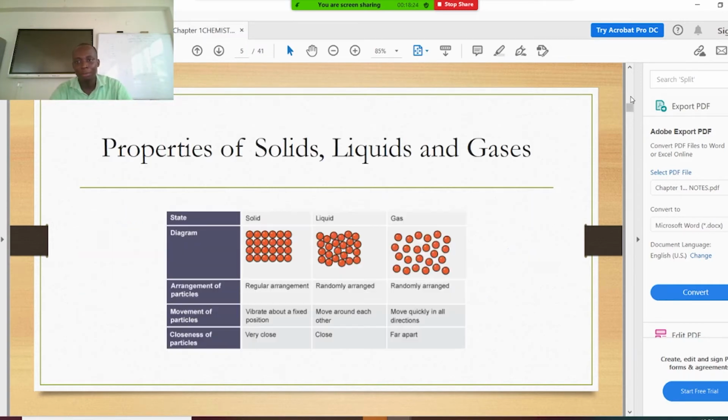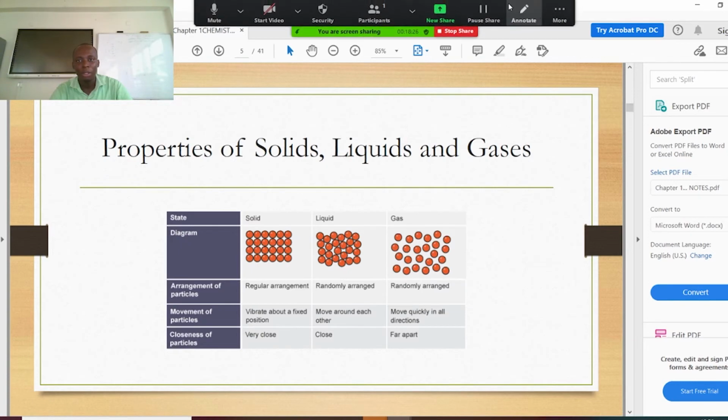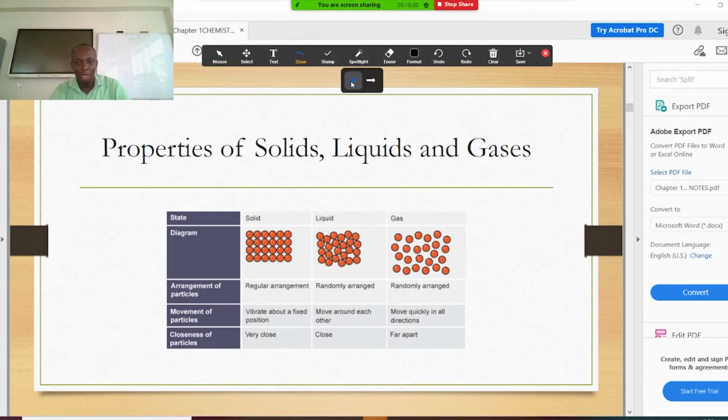Let's go back. Now, look at the diagram, look at the structure closely. Look at the particles in the gaseous state. Now, they are far apart. In other words, these particles have more kinetic energy than the liquids, and even more than the solids.